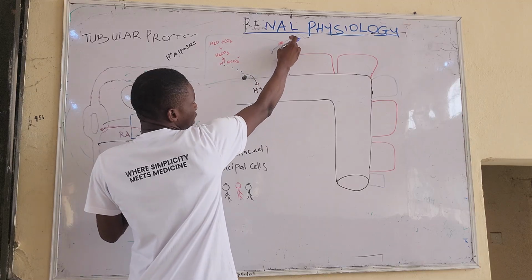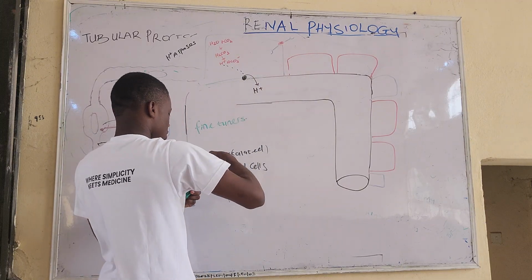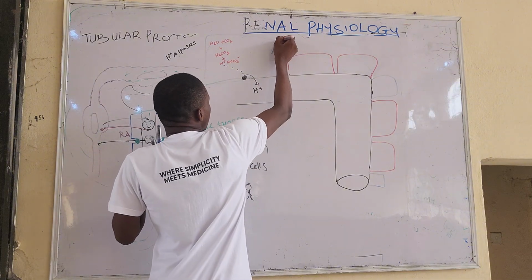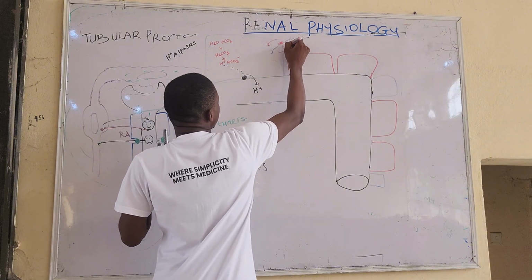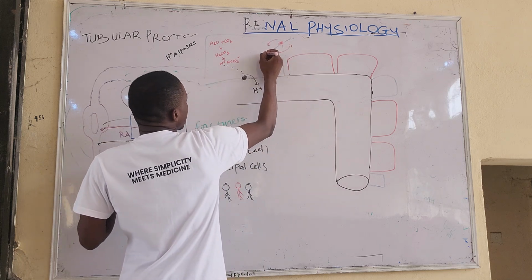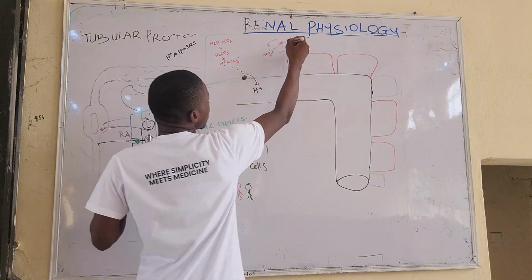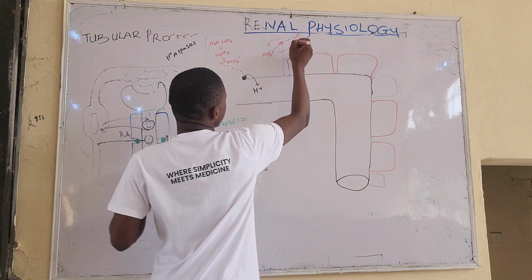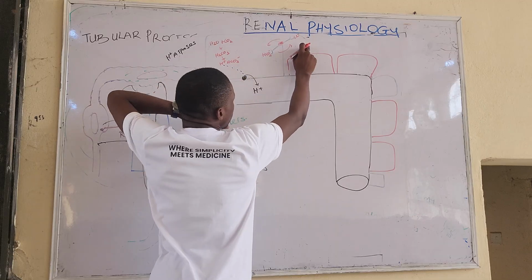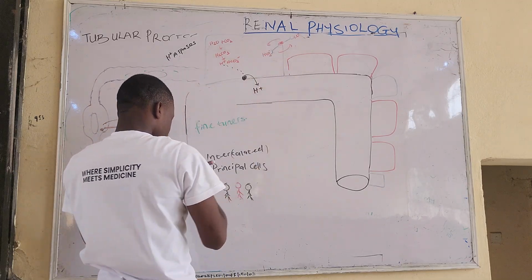If you put power to it, the exchanger will go like this. This one will come inside, this one will go outside. So HCO3 minus binds to this place. Chloride binds to this external part. So when we power this pump, chloride will enter, HCO3 will go outside. So that's how HCO3 is leaving.